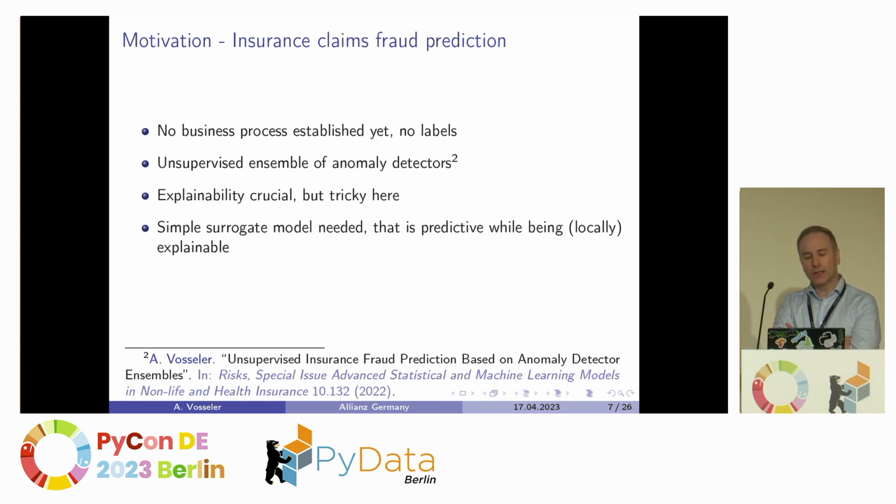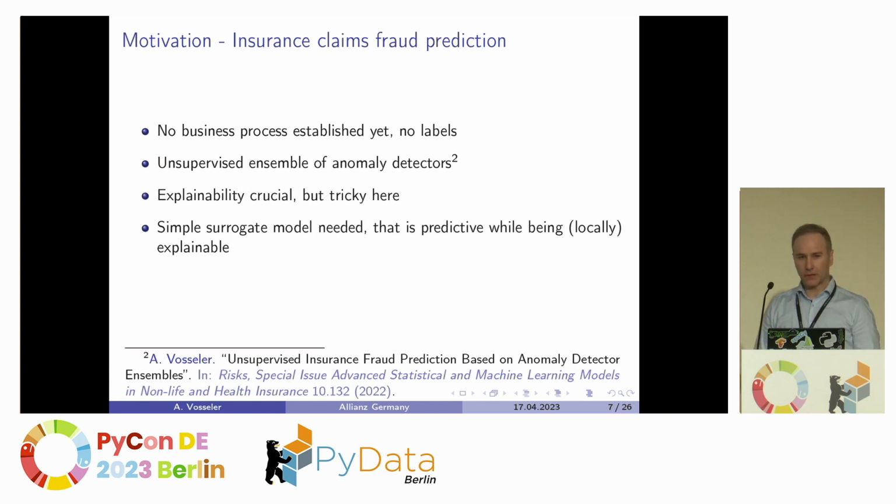At Allianz, we were facing, let's say, the challenge that in a corporate insurance context, we wanted to deploy on a global scale, really for different countries, a fraud predictive model. And at that time in that business, we didn't have any, let's say, established business process in place. So there were no labels at all. So this called somehow for an unsupervised approach.